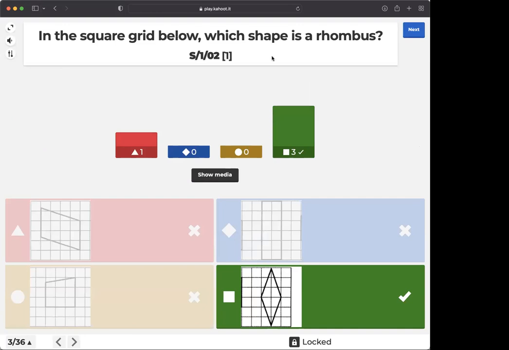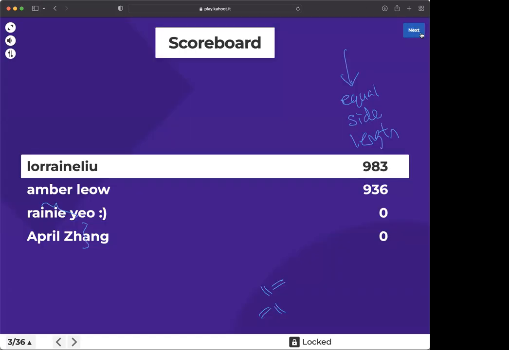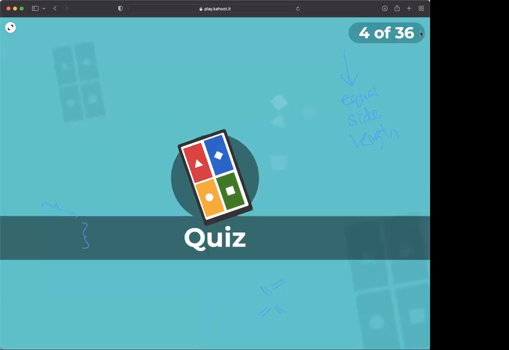Because a rhombus has equal sides, equal side length. Can you see over here, this length and this length are not the same. Whereas for the green, all the 4 lengths are the same. Are you all clear about why green is the correct answer? Okay, let's continue. Well done, Amber.